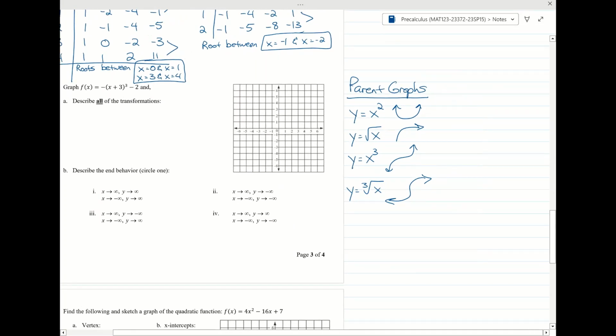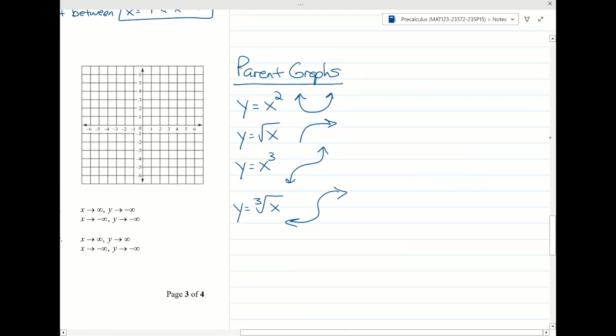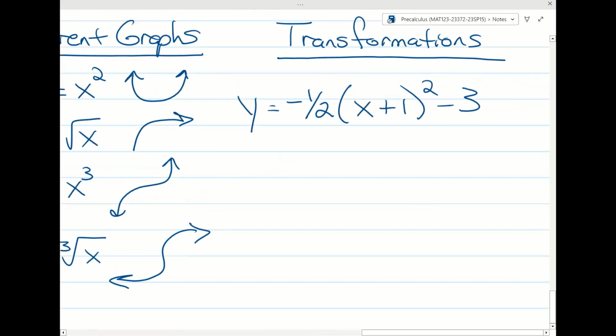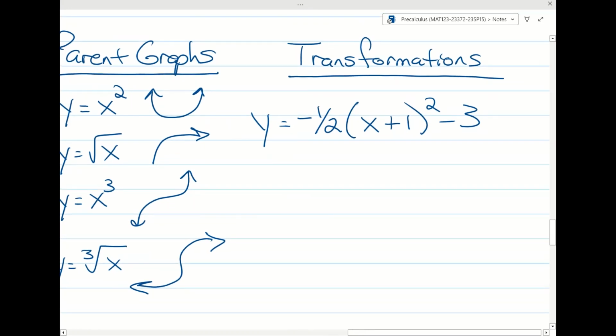In addition to the parent graphs, we have something called transformations. Let's take a parabola, for example. So transformations look like this. Obviously, it's a parabola, but all of these different numbers do different things.